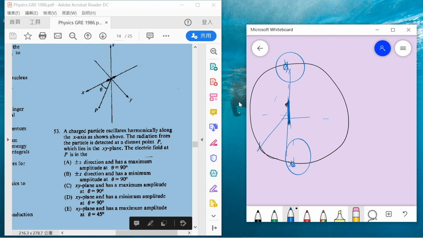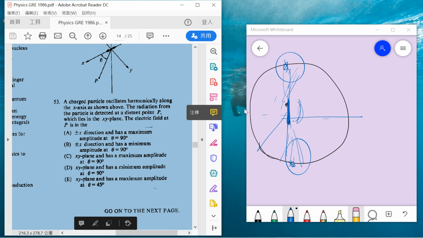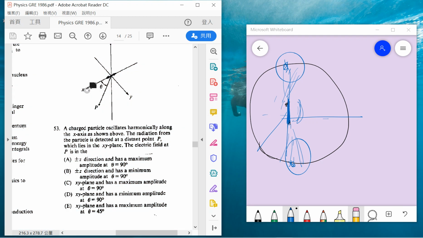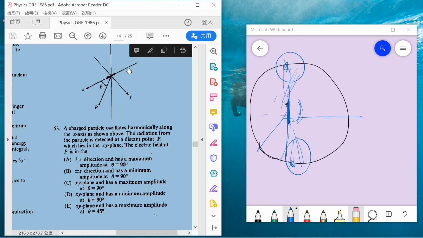So basically, you need to have a picture of how the electric field and the magnetic field behave in dipole oscillations. So in the XY plane, this point and this point must have the largest electric field. So the answer is C.